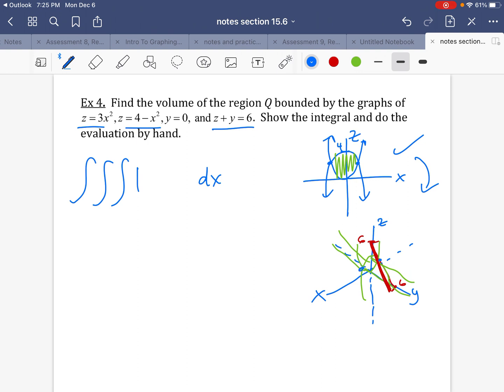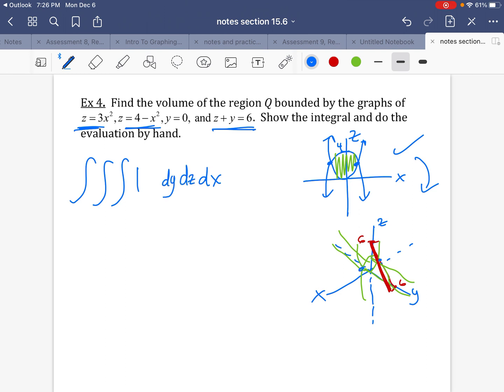So now we have to think to ourselves, what do we want to do next? My z would involve a y, but with this guy right here, when we put those in the middle, they just involve x's, and so then x is going to go from these two places here.